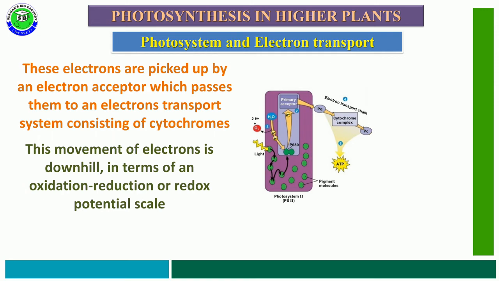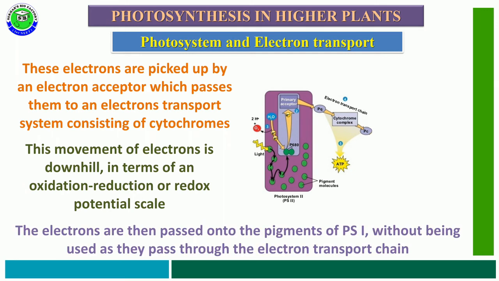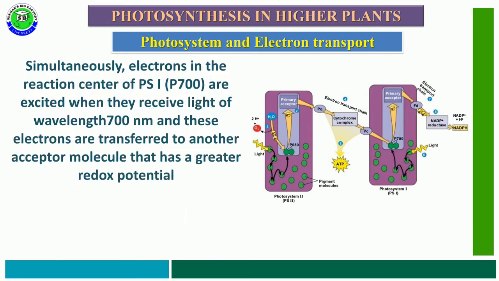The electrons do not remain in cytochrome, because they are passed on to the pigments of photosystem 1 as they pass through the electron transport chain.